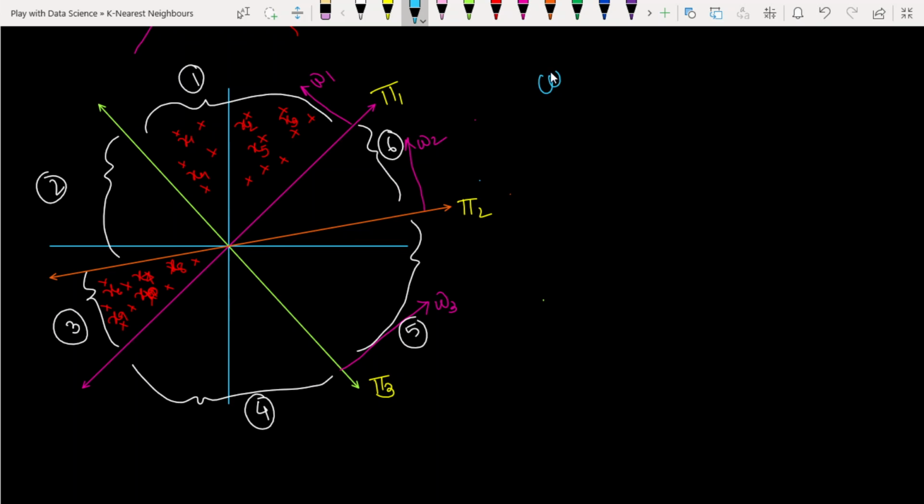If you multiply w1 transpose x1, what will be the value? w1 transpose xi will be greater than or equal to 0, where i is from 1 to 5.